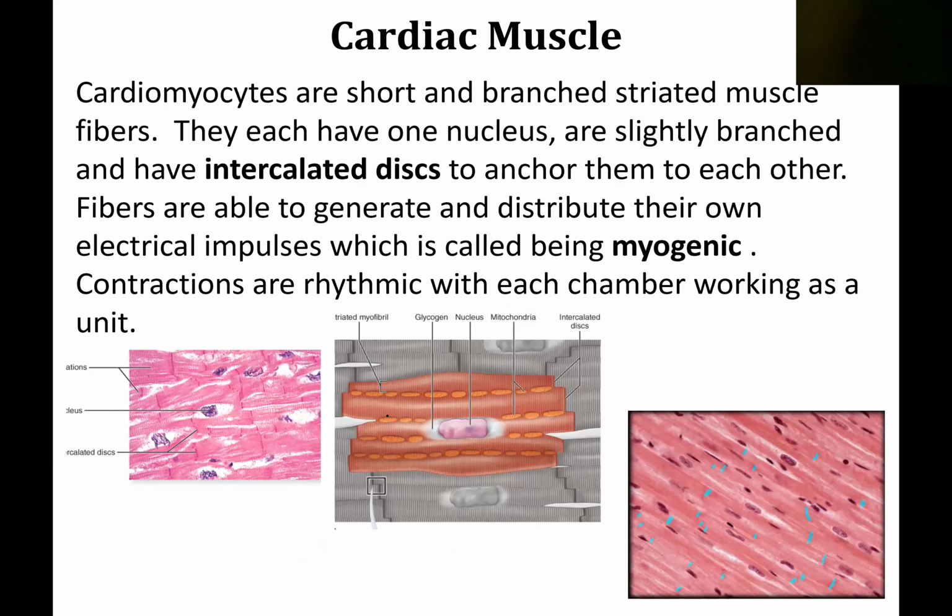And part of this is review from the tissues, and part of this is new. They each have one nucleus per fiber, which we see here. You have intercalated discs, which anchor the cells apart. So when this cell contracts, it doesn't separate from this cell or this cell.